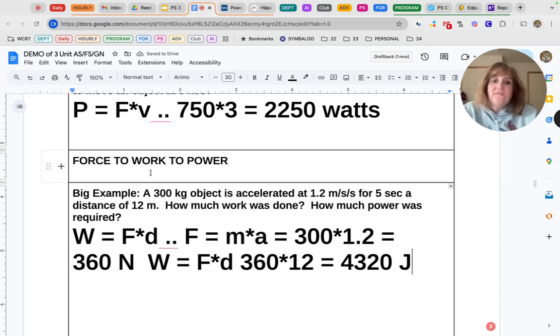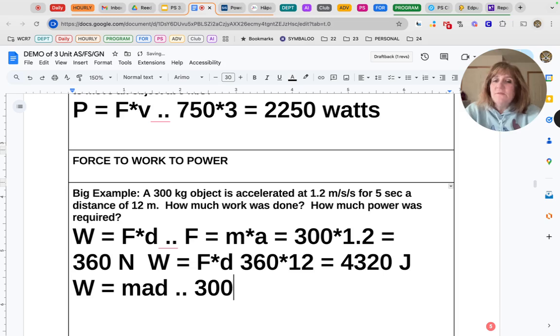So that's the first part. How much work was done? 4,320 joules. You could have also used the equation work makes me mad, mass times acceleration times distance. And the mass of 300 times the acceleration of 1.2 times the distance of 12 is still 4,320 joules.